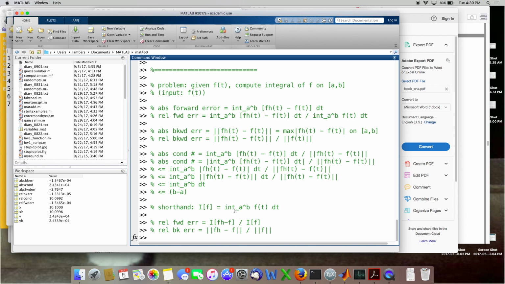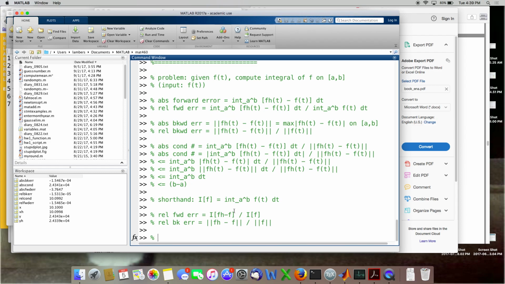So now I can compute a condition number. The relative condition number is just the relative forward error divided by the relative backward error. So that would be absolute values around everything: the integral of the difference times the maximum value of f, divided by the integral of f times the maximum difference between the two.